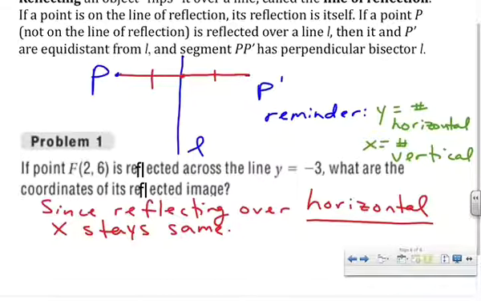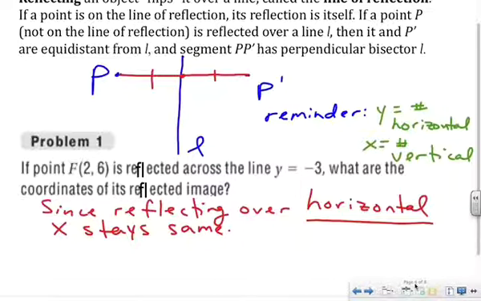However far away my point is from my line of reflection, that's how far its image will be from that line of reflection. So here's a question to you. How far away is 2 comma 6 from my line of reflection?